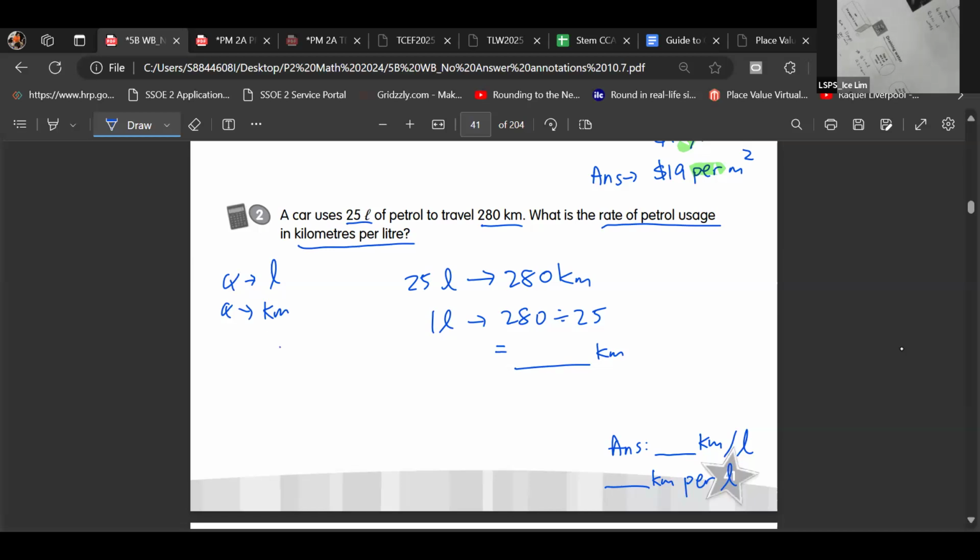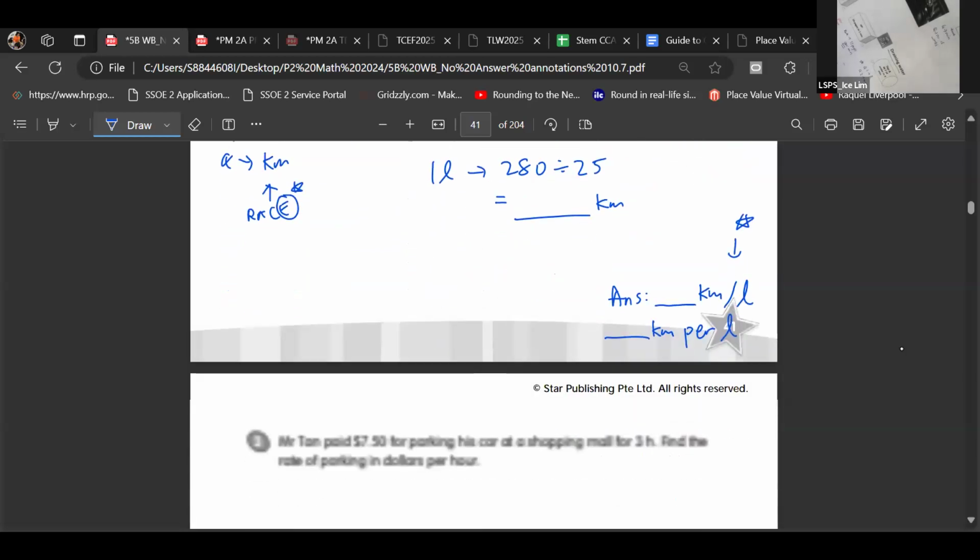These are the units. But actually, liter stands for volume of petrol. Kilometer stands for the distance traveled. Yeah. Okay, moving on. Not too different.